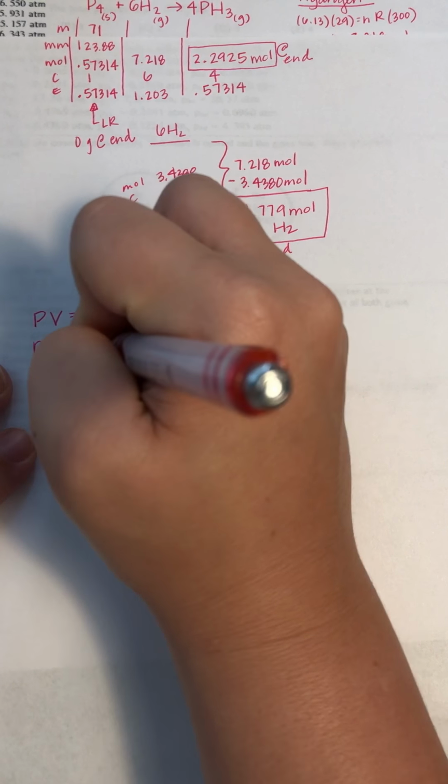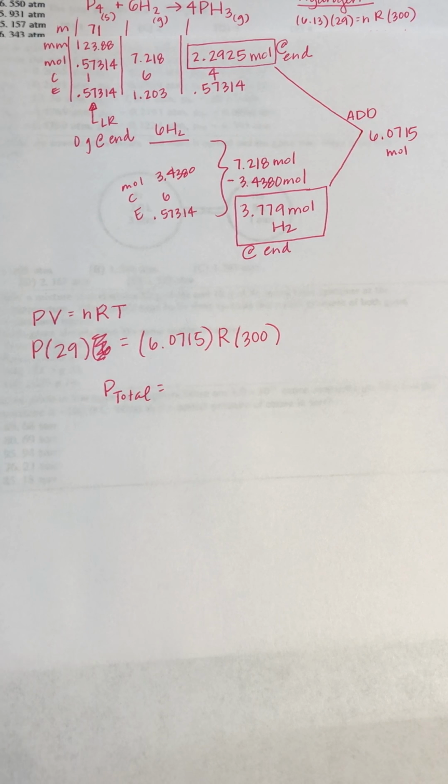So total pressure at the end, and it's total because we have all the moles of gas, is 5.157 ATM. D.